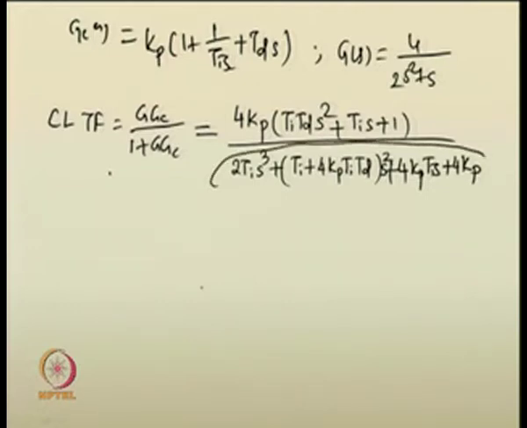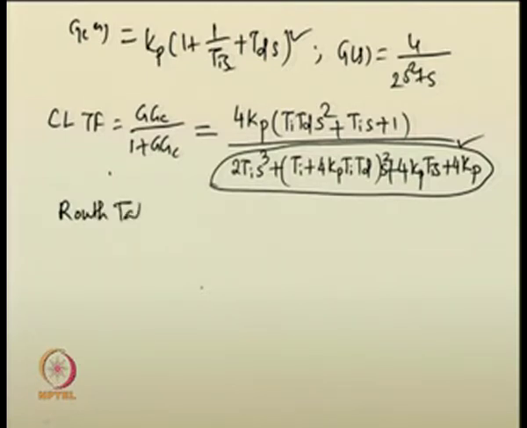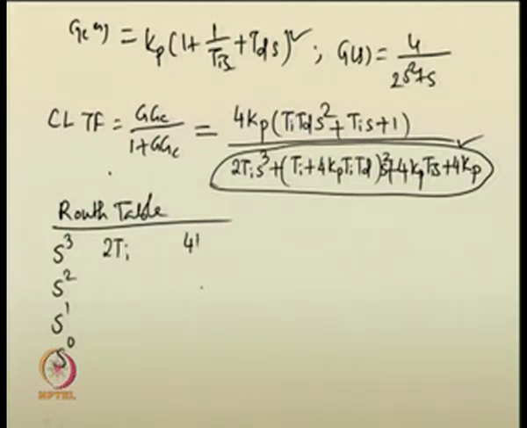Now, when a PID controller of this form is used in the series compensation scheme, we get the denominator polynomial of this form. Now, again let me form the Routh table. So, forming the Routh table as s cubed, s squared, s1, s0 with coefficients as 2 Ti, 4 Kp Ti, then here we have got Ti plus 4 Kp Ti Td and here 4 Kp.